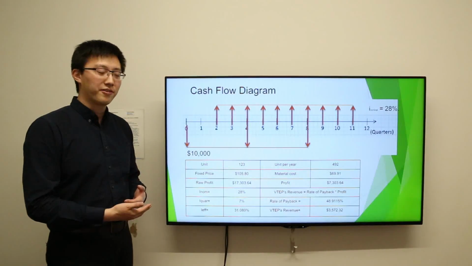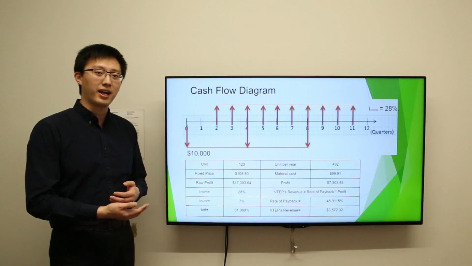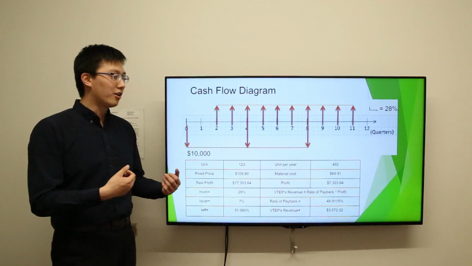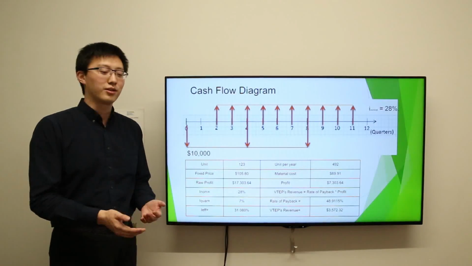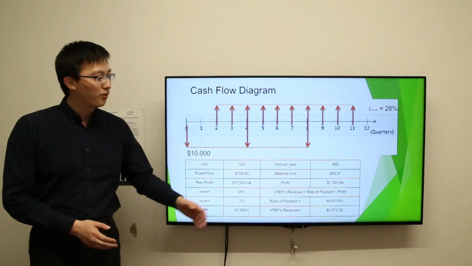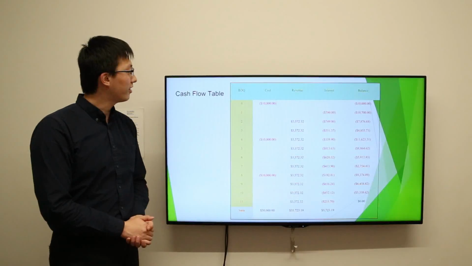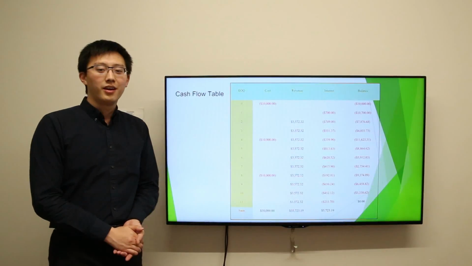Based on our profit, we developed our payback rate so we can pay enough money to the VTAPs, and also please our board and get enough funds for our project, which leads to the VTAPs revenue. And here is our cash flow table.